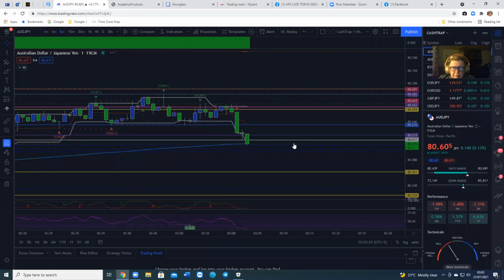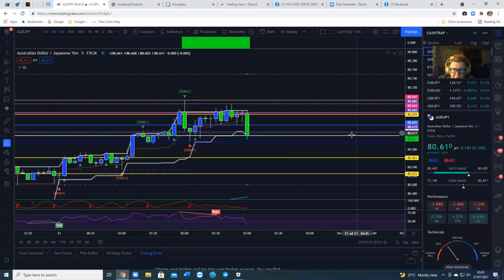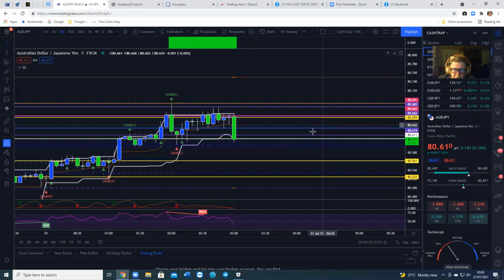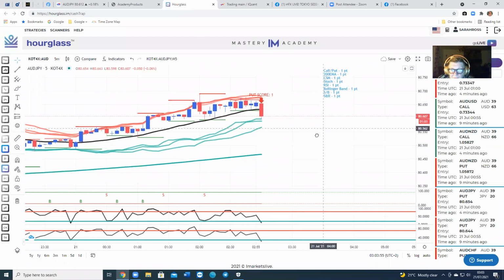That's on the 1 minute. That was a big move down. So that was support there. This daily, 611, 612. Let's see what we get.